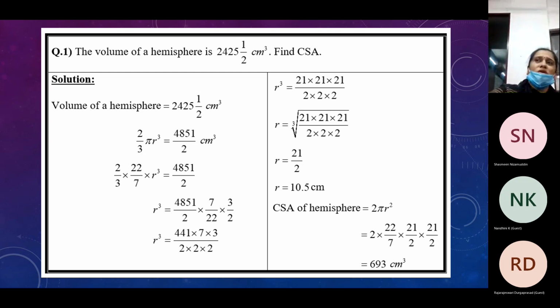You can use 10.5 or 21/2. That's your choice. Done?